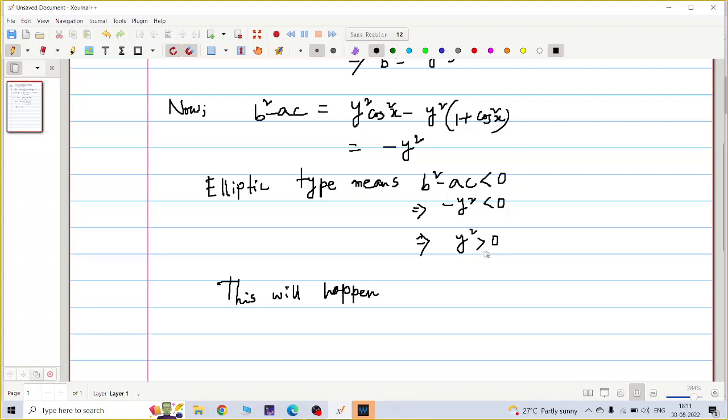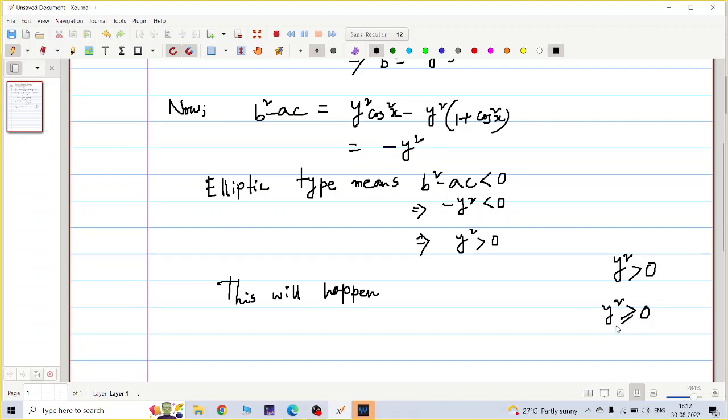Y square is always positive, or is it always non-negative? It can be zero also, no? If y is zero.